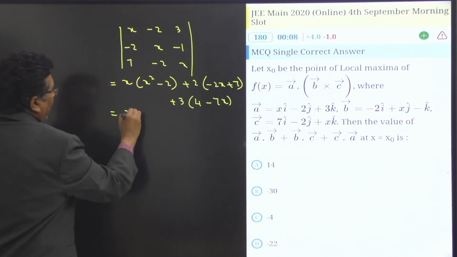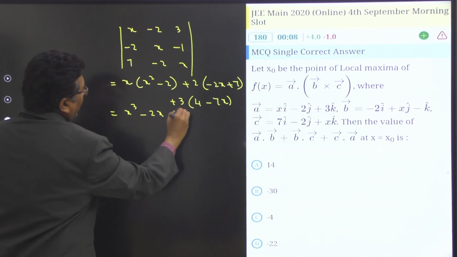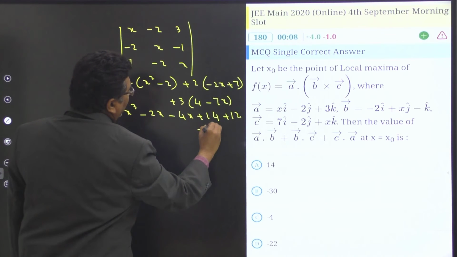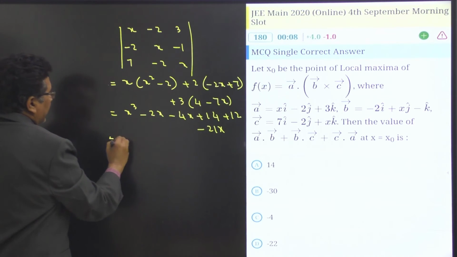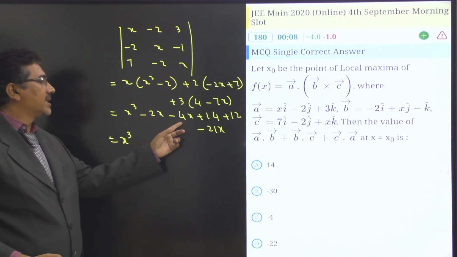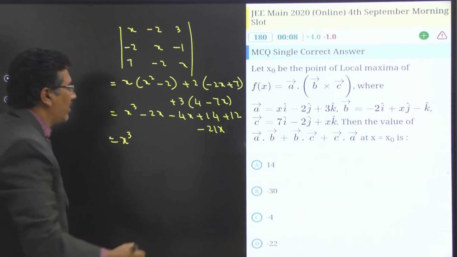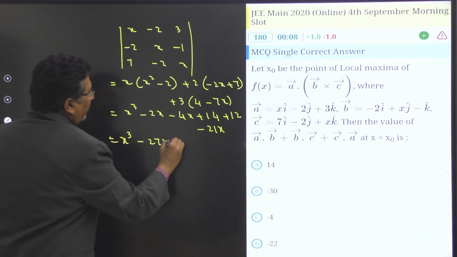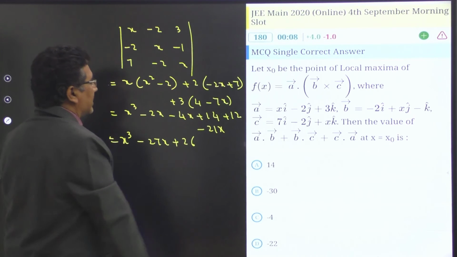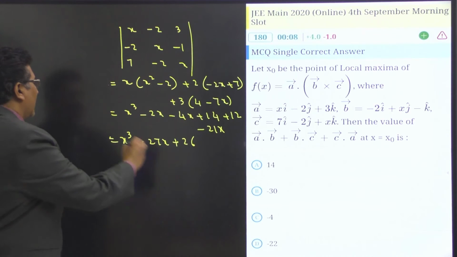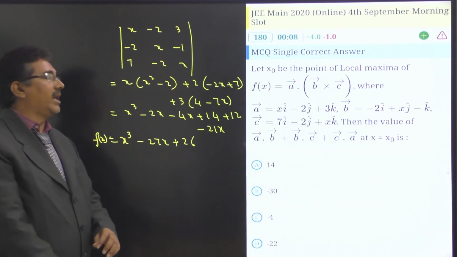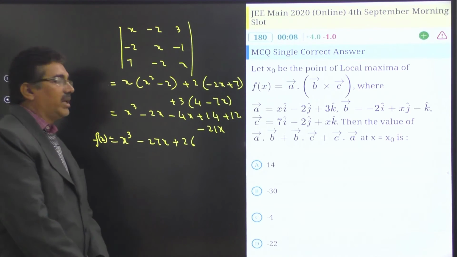That is equal to x cube minus 2x minus 4x, 2 7s are 14, 3 4s are 12 minus 21x, that is equal to x cube minus 2x minus 4x minus 21x, that is minus 27x plus 14 plus 12, that is 26. Now f of x is equal to x cube minus 27x plus 26.